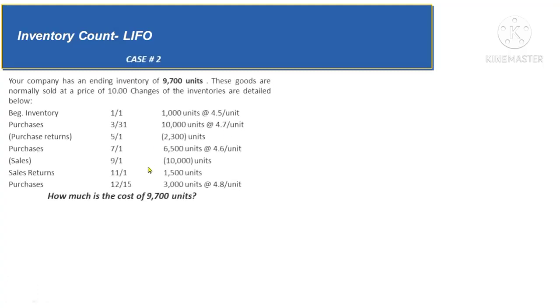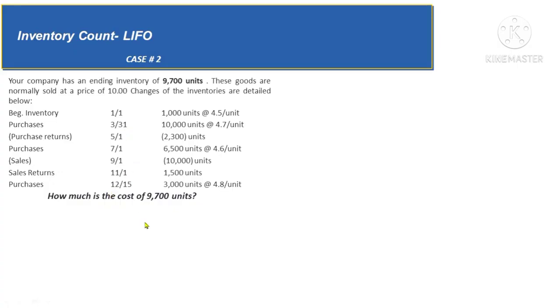Let's start with LIFO or the last in first out. As I have said earlier, last in first out is the complete opposite of FIFO because it assumes that the goods which were purchased last are the ones sold first. So this means that the ending inventories or the unsold inventories come from the earlier batches or the first batches of goods acquired.